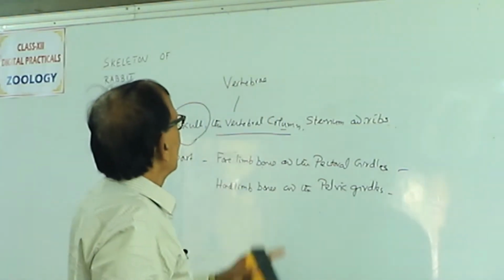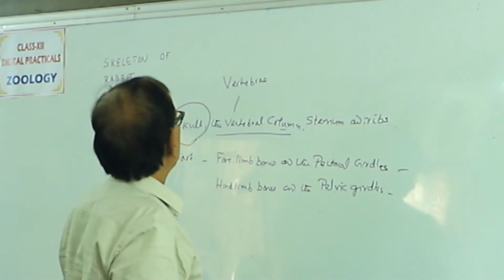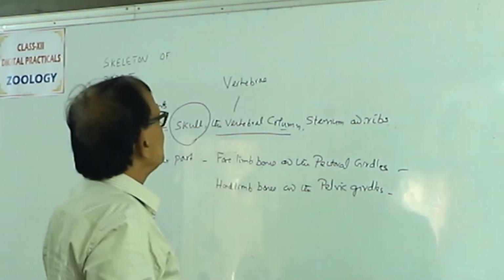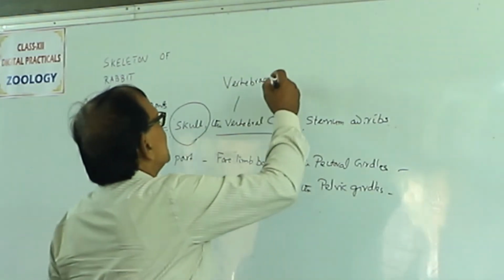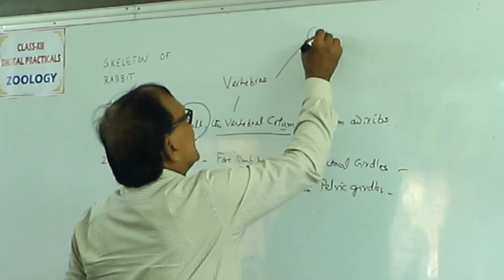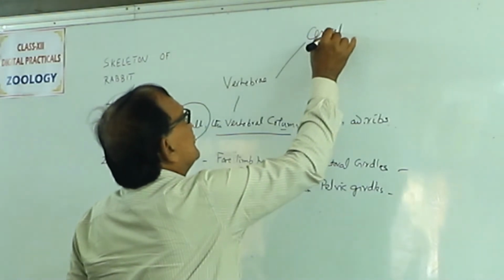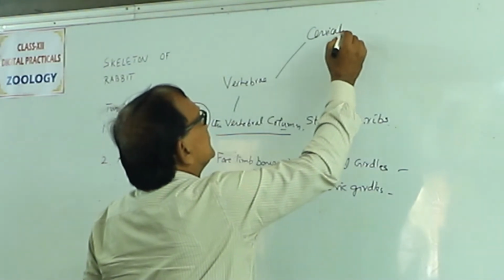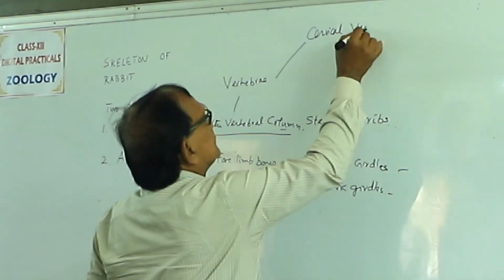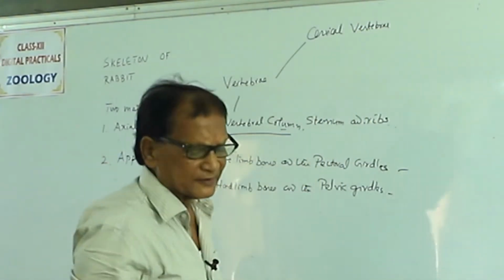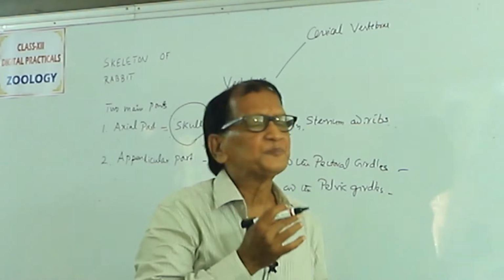So we have a number of vertebrae in the vertebral column, and depending upon the place where they are situated, they include the cervical vertebrae. Cervical vertebrae are present in the cervical region or the neck region.